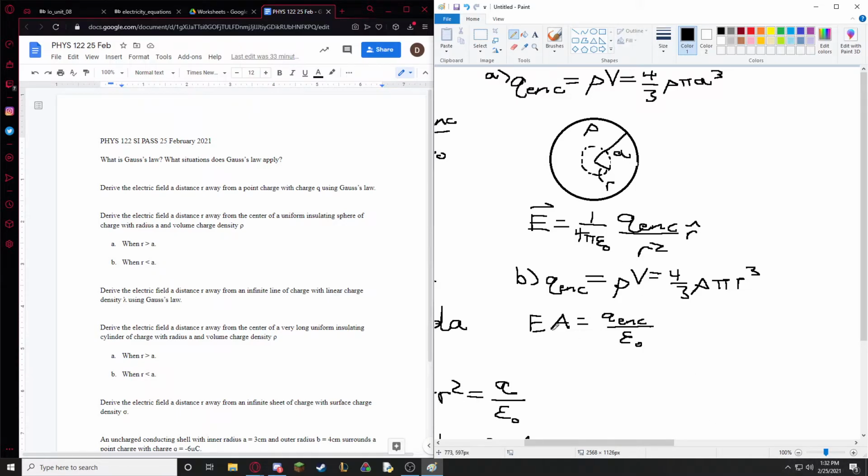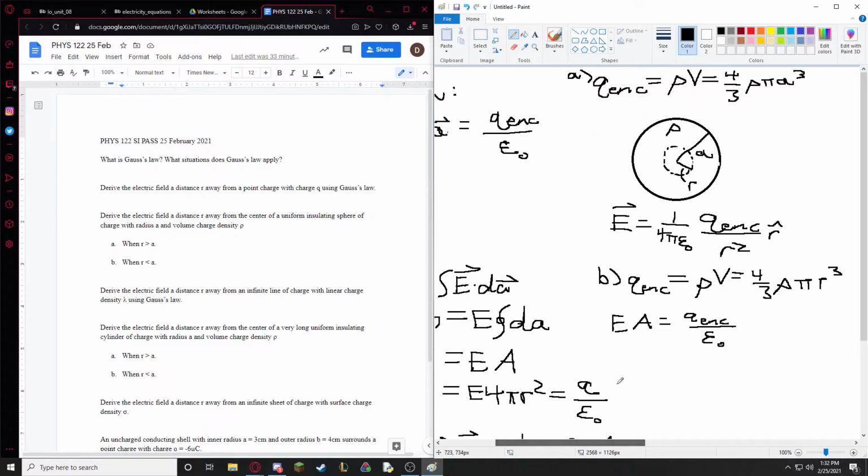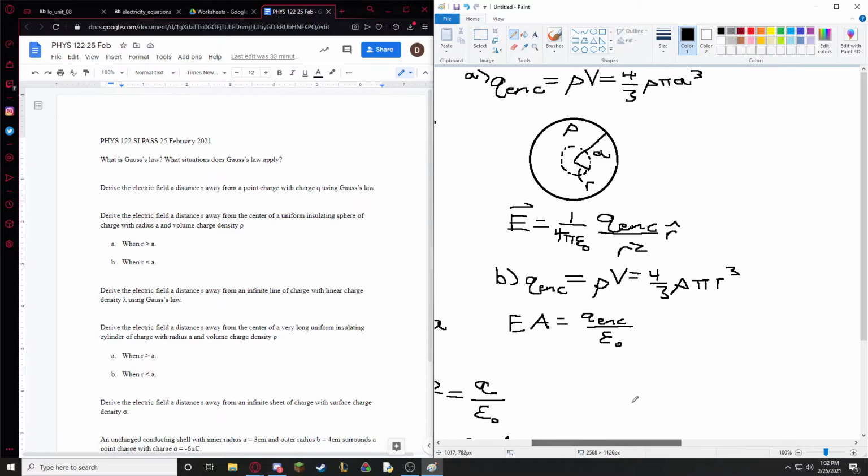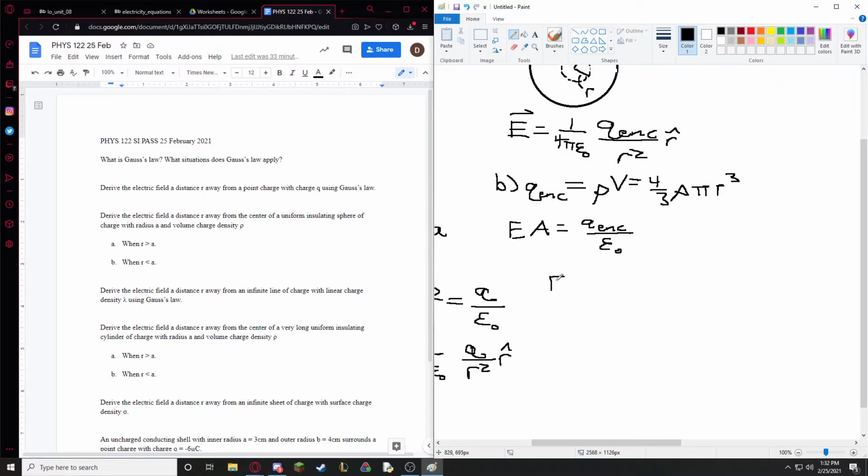So we know that E times the area is equal to Q enclosed over epsilon naught, and we just solve for E. So we have Q enclosed, which is 4/3 rho pi r cubed, divided by the area of our Gaussian surface, which is 4 pi r squared, times epsilon naught.